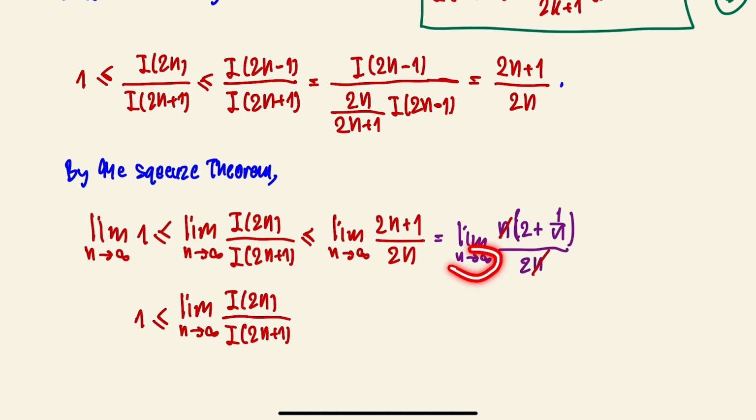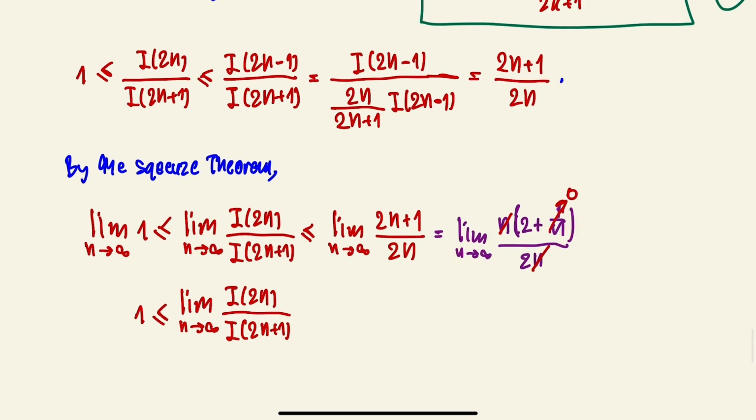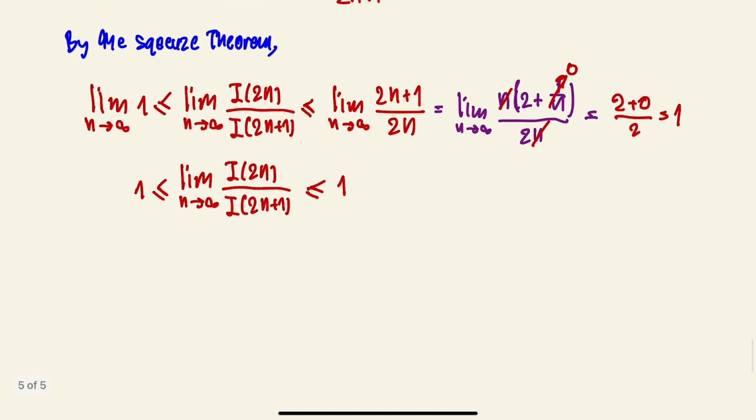When n approaches infinity, 1 over n approaches 0. So it turns out to be 2 over 2, which is 1. So it's going to be less than or equal to 1.